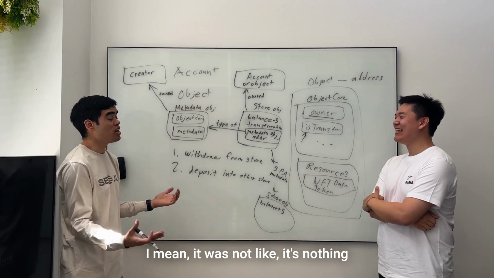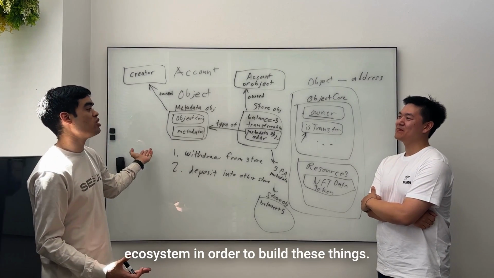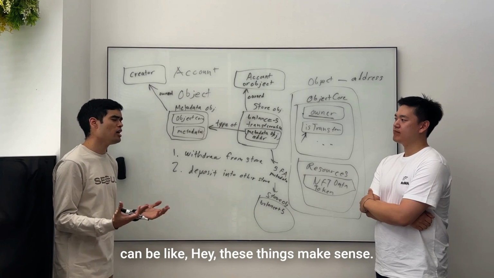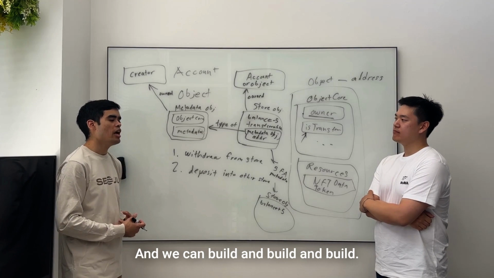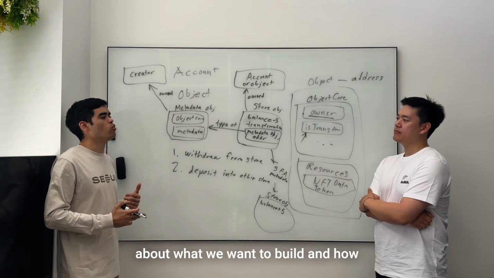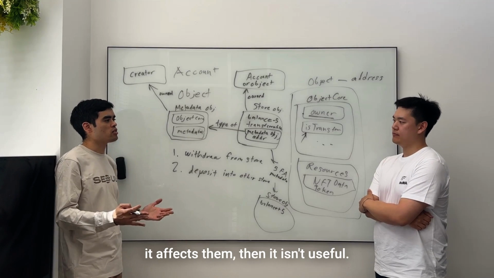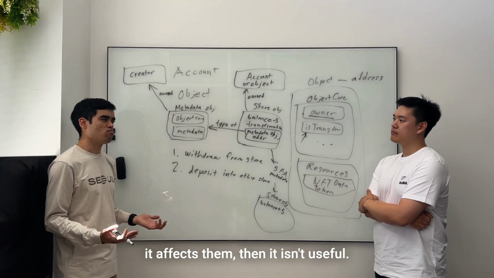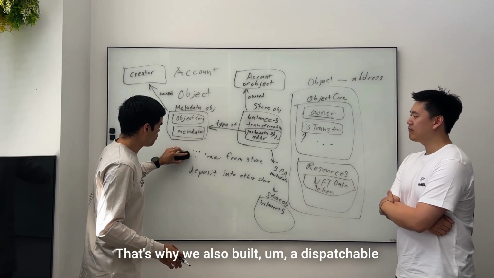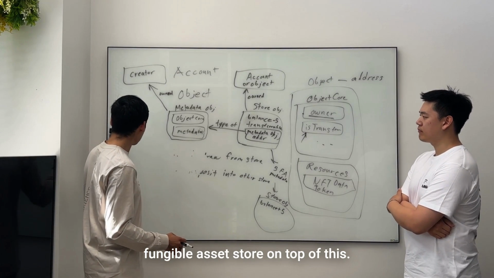Yeah, I mean, it's nothing without the community and the ecosystem in order to build these things, because we can sit in a bubble and we can be like, hey, these things make sense, and we can build and build and build. But if we don't get feedback from people about what we want to build and how it affects them, then it isn't useful. That's why we also built a dispatchable fungible asset store on top of this.